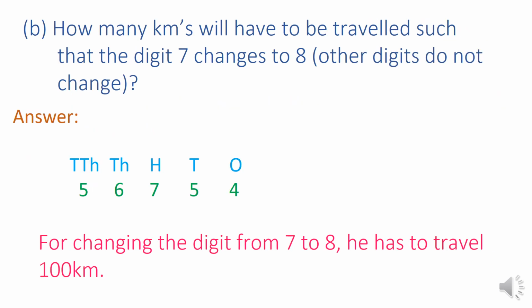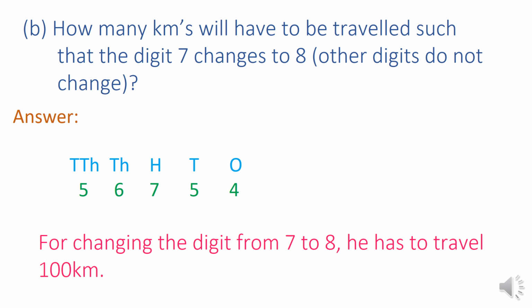Our second question is, how many kilometers will have to be travelled such that the digit 7 changes to 8? Other digits do not change. The meter reading of Kumar's car is 56,754.